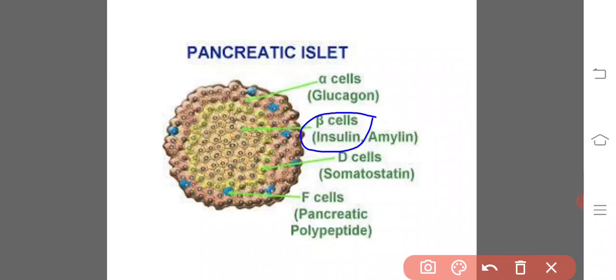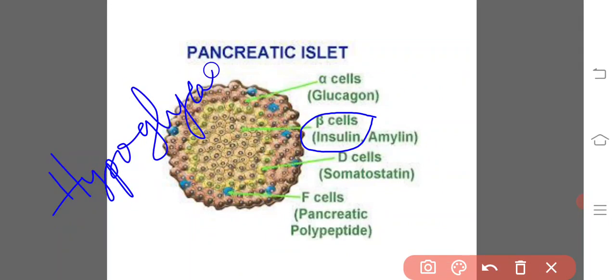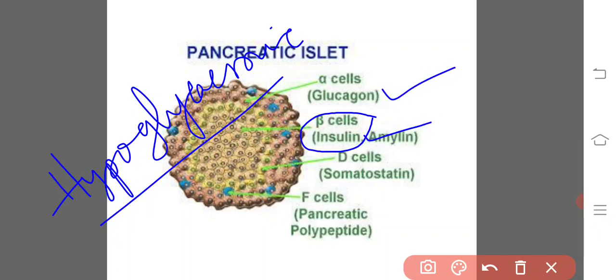Insulin is a protein hormone and it decreases the blood glucose level, so it is known as the hypoglycemic hormone, whereas glucagon is a hyperglycemic hormone.